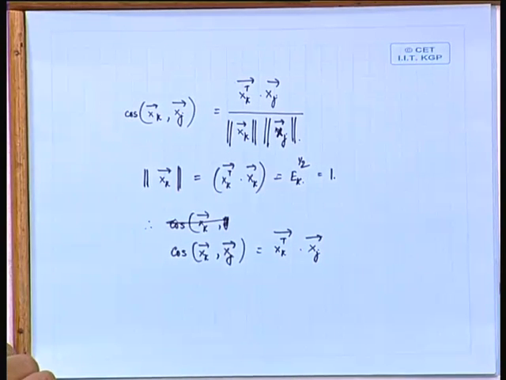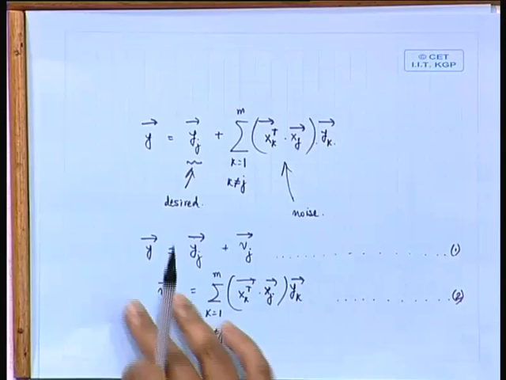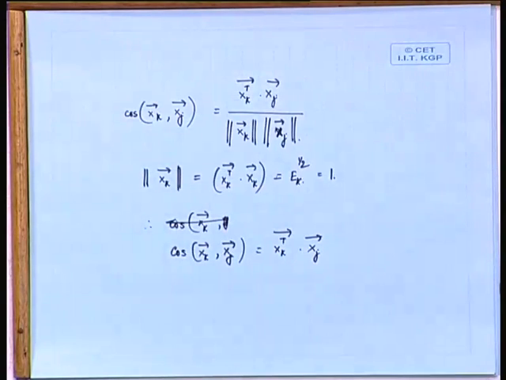Now, can you tell me what is then the condition of perfect recall according to this? Exactly so. Thank you very much for the correct answer. Here the cosine of the x_k and x_j vectors has to be 0. In other words, if the cosine is 0, the x_k vector and x_j vector are orthogonal to each other.